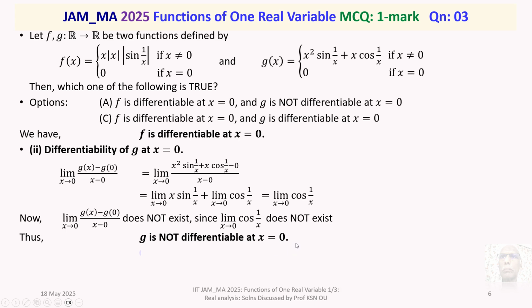So option A is true. In this, f is differentiable at x is equal to 0 and g is not differentiable at x is equal to 0. And option C is not true. Thus, the answer to this question is option A. And that is the detailed discussion of the solution of this problem, and it is a regular routine problem. We continue for the next slide.